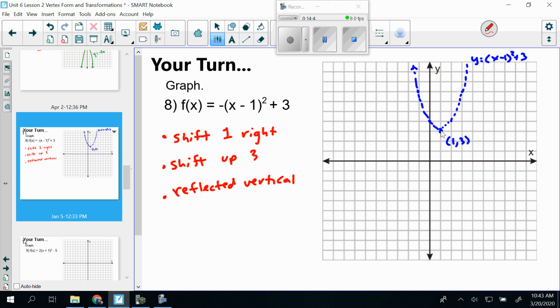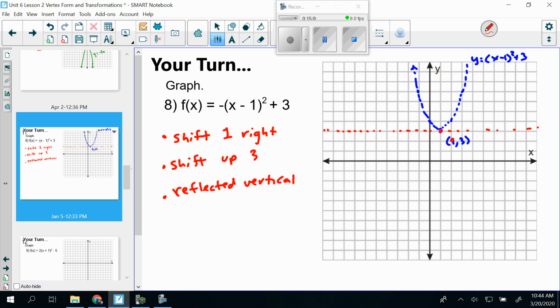So let's reflect that over the axis for our final one. We're going to do a reflection here and flip this graph over the x-axis, or reflect it vertically. Instead of really reflecting over the x-axis, now we're reflecting over the line that would be right here. So all the points are going to get flipped. That point should stay the same.